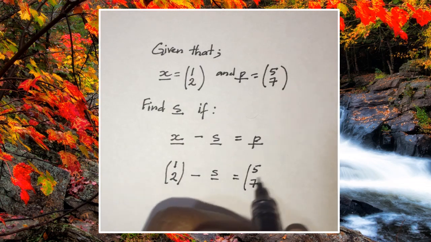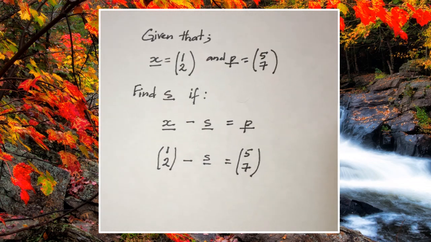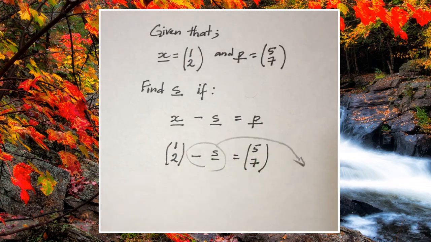Good. Now, I need to get s on its own. That's what I'm after. So I can carry it to the other side by transposition. When I jump the equal sign, it's going to change from negative to positive. And if it was positive, it would change from positive to negative.